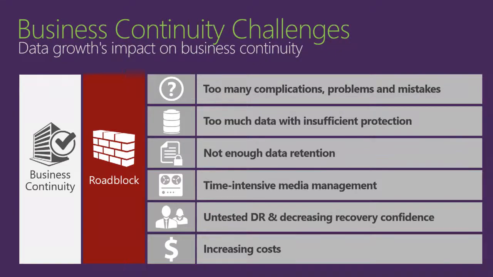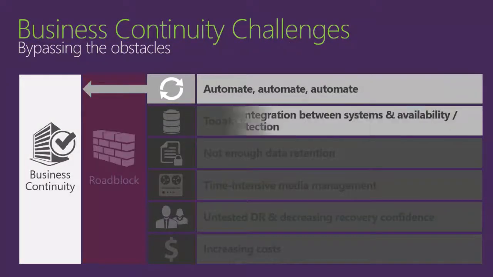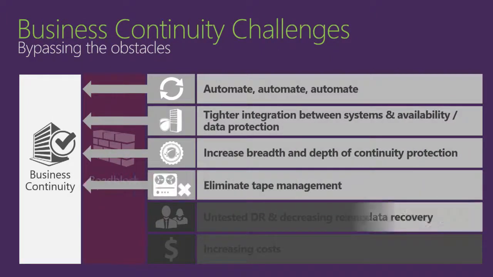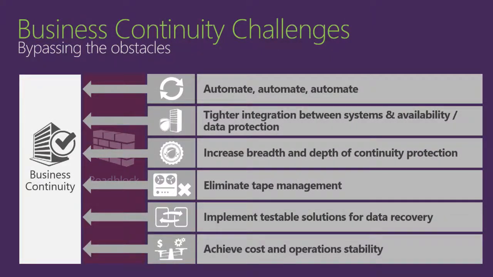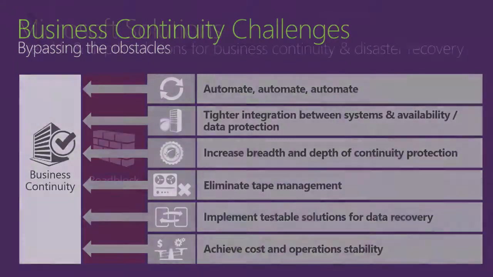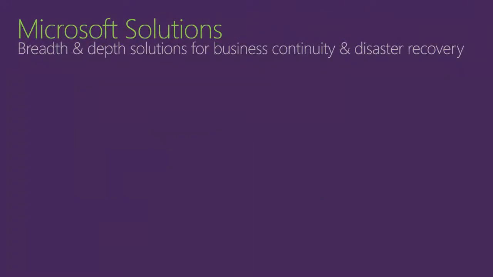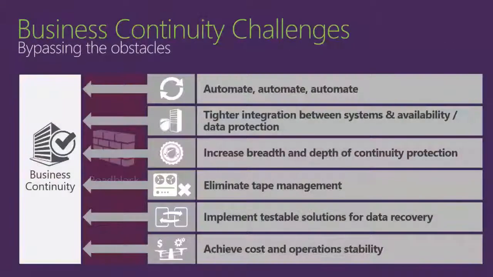And Microsoft took a holistic view at this and decided to attack it in a breadth view, where some of the things we invested in are listed here. A couple of things which I would like to talk about is implement testable solutions for data recovery, and that will directly lead to cost reduction, simplification, and therefore operational stability.